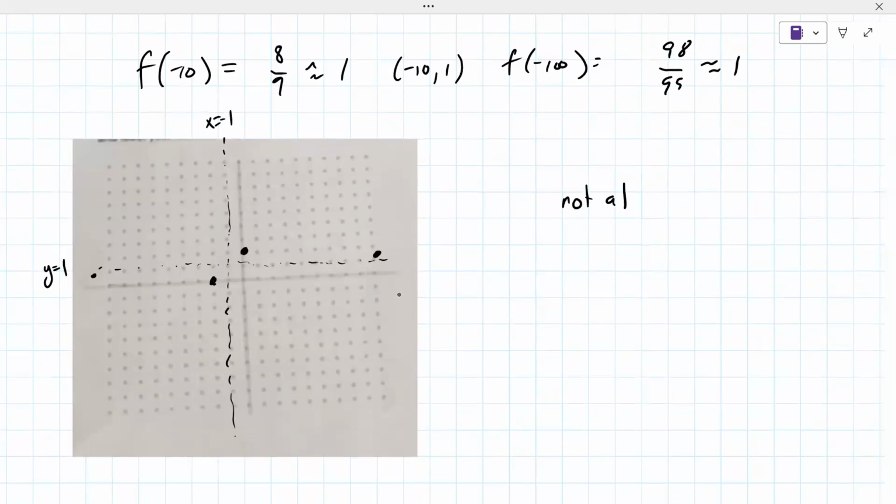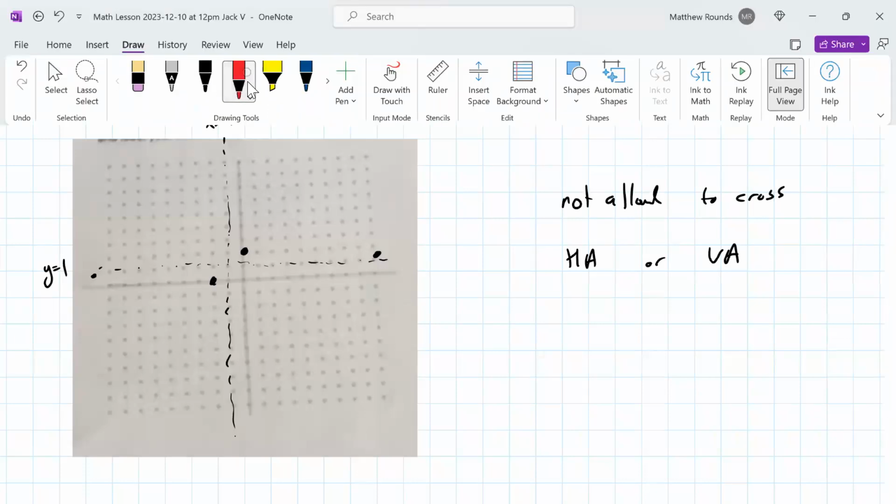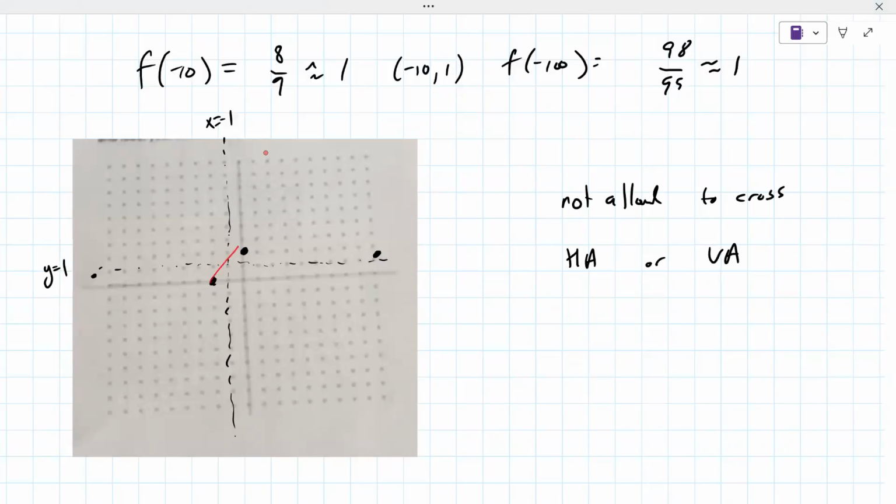You're not allowed, until you're told otherwise, to cross the horizontal asymptote or the vertical asymptote. Wait, can you say that again? Sorry. You're not allowed to cross the horizontal asymptote or the vertical asymptote. Sometimes you got to show what's wrong, like that's wrong. You can't do that. So how could you do it?